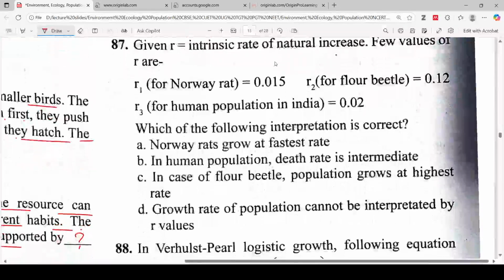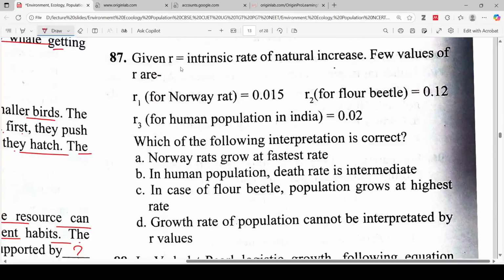Next question. Given r is intrinsic rate of natural increase. Few values of r are r1 for Norway rat, r2 is for flower beetle. This r3 for human is 0.05. So which of the following interpretation is correct? Norway rats grow at fastest rate.